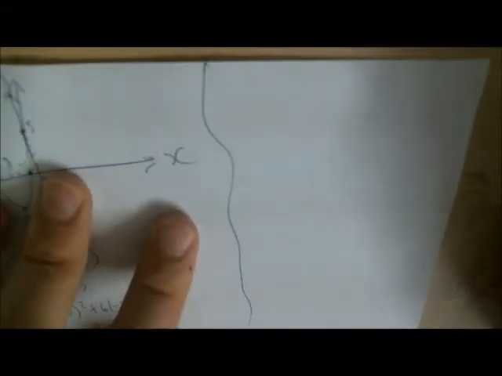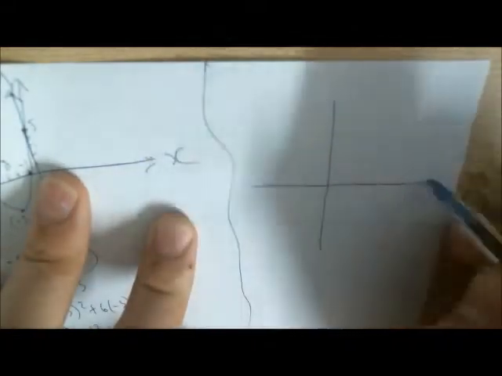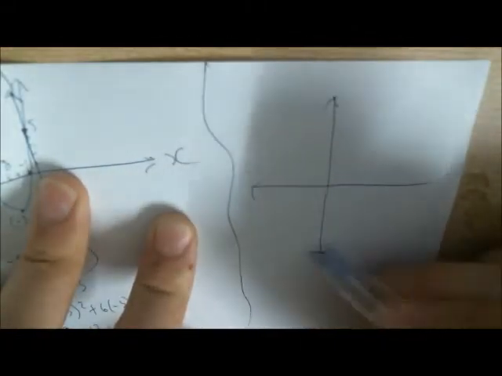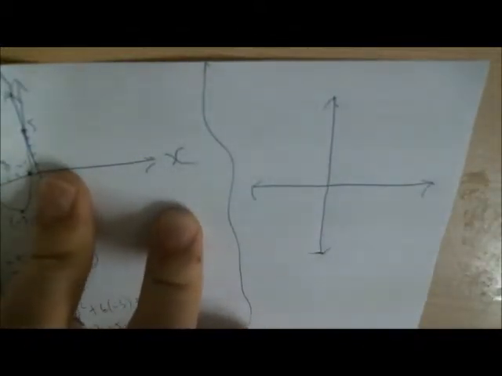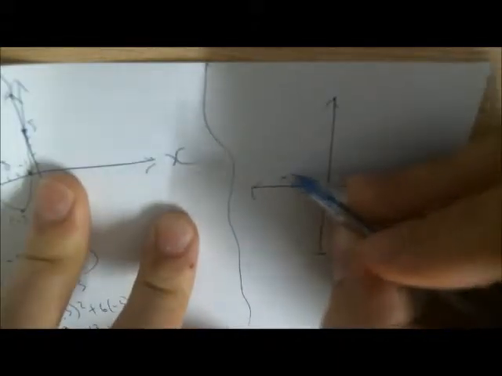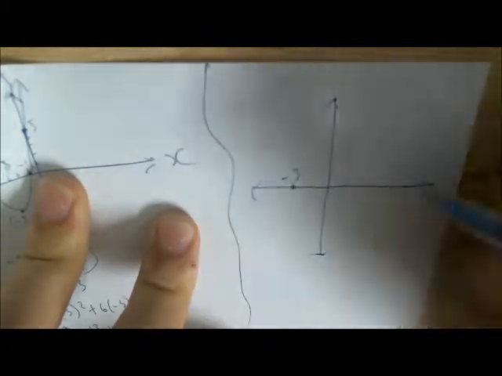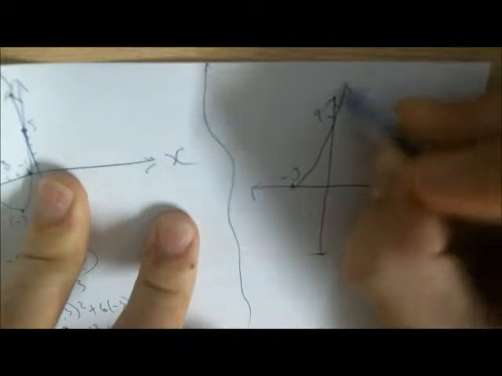But parabolas generally have two intercepts. So if you see a scenario where you have one solution, what this means is the quadratic graph actually touches the x-axis at that point. So it will look like this.